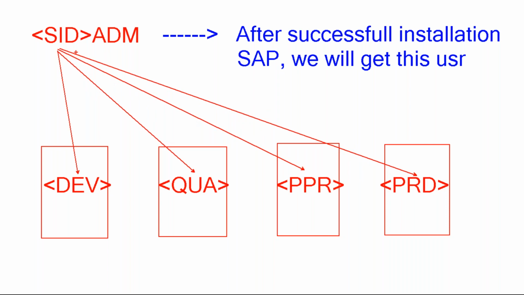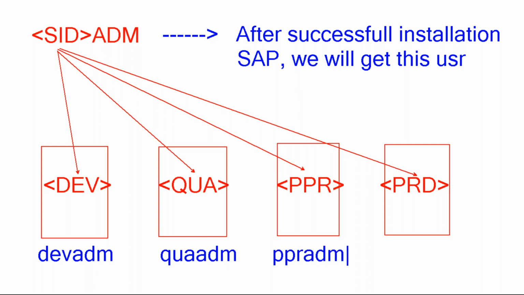SID ADM user. For example, if you take here, this is DEV ADM. This is QA ADM. This is PPR ADM, pre-production. And this is production, PRD ADM.